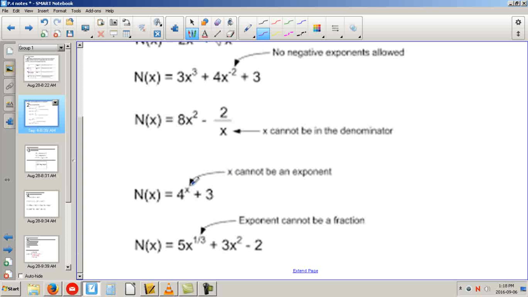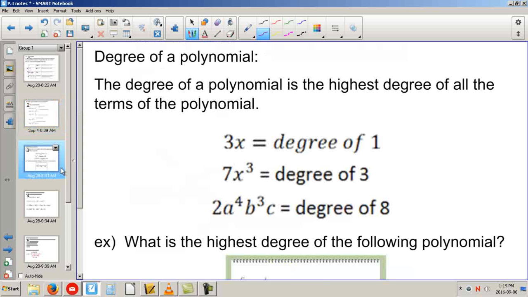X is not allowed to be the exponent, and the exponents cannot be fractional. Okay, no fractional exponents here. So those are things to look out for. They make things non-polynomial. So we're really looking for those standard squared and cubed x equations that you're used to seeing growing up through math.